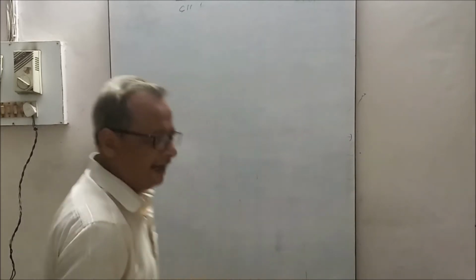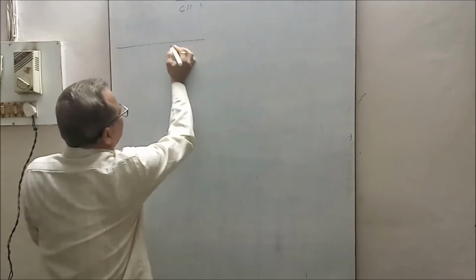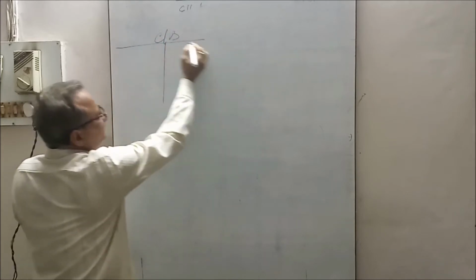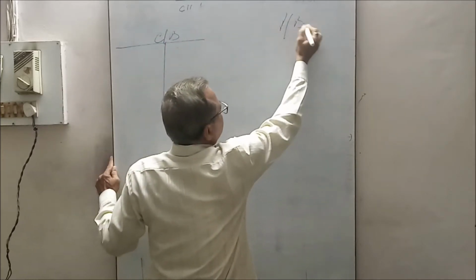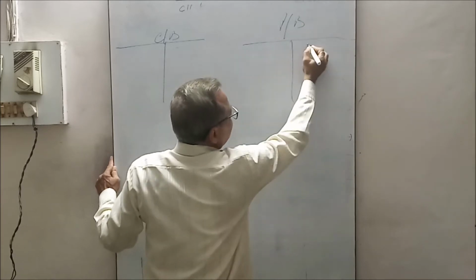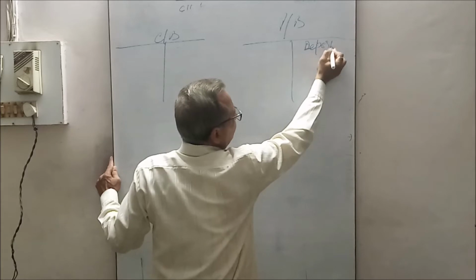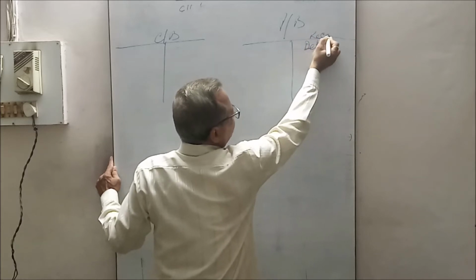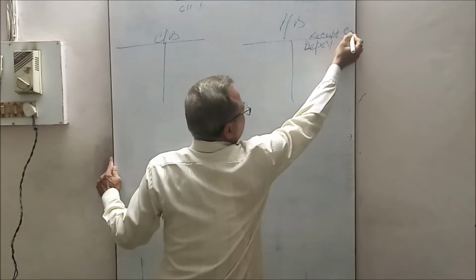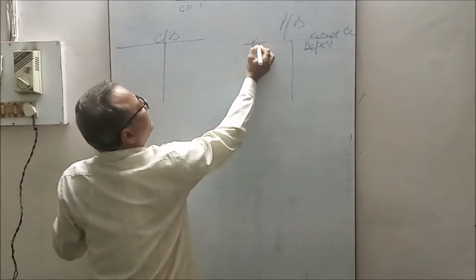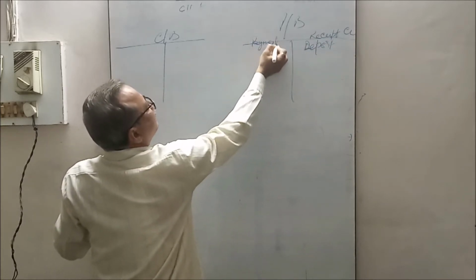One thing again, I am repeating it, as the cash book and passbook are there. This side is deposit side or receipt side, credit. This is payment side, debit.